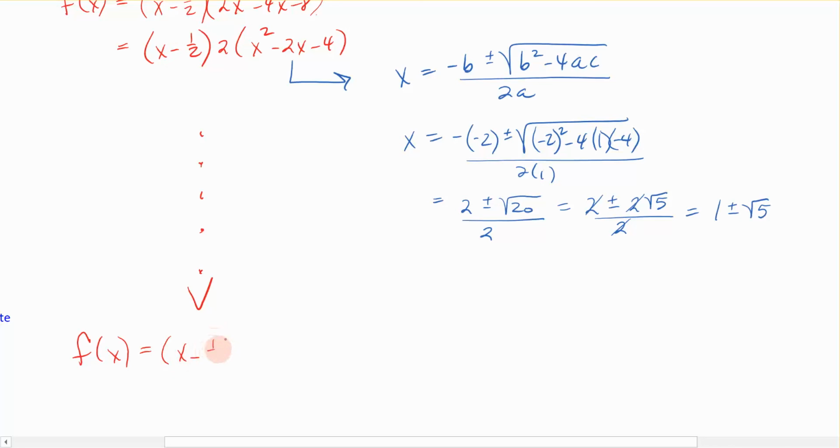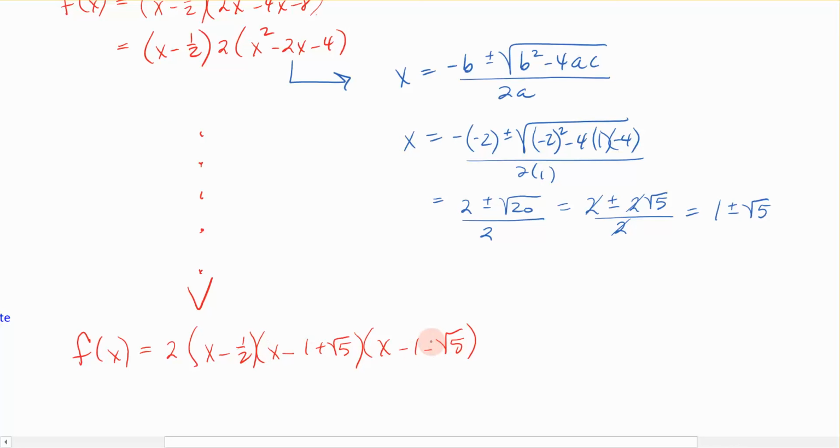I'm going to put my 2 in here so I don't forget it. 2 times my x minus 1/2 from the table, times this new factor, which is x minus 1 plus the square root of 5, and x minus 1 minus the square root of 5. So it's minus the 1, and one time we put plus the square root of 5, and one time we put minus the square root of 5. So these are the factors that I have.